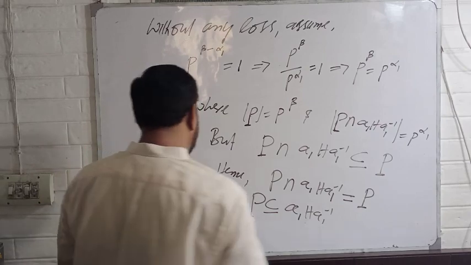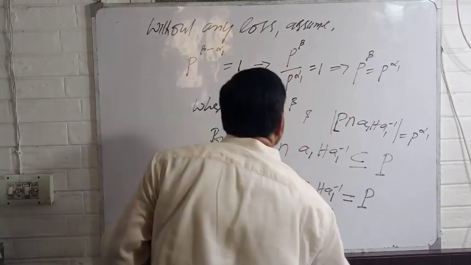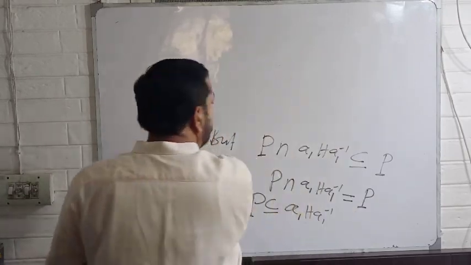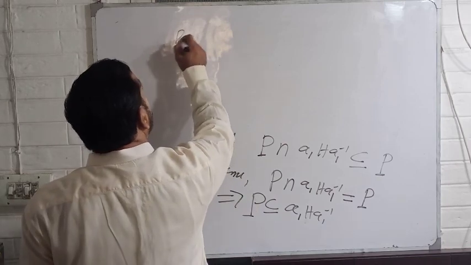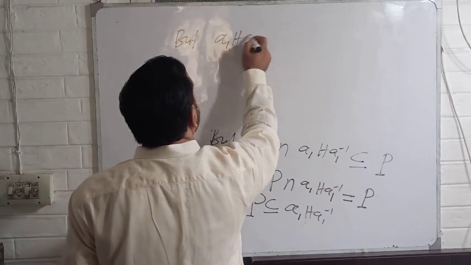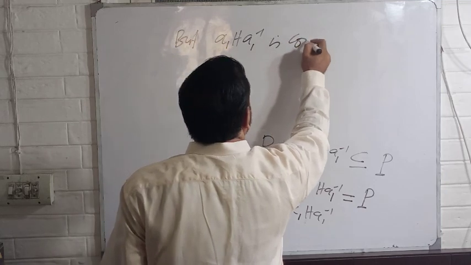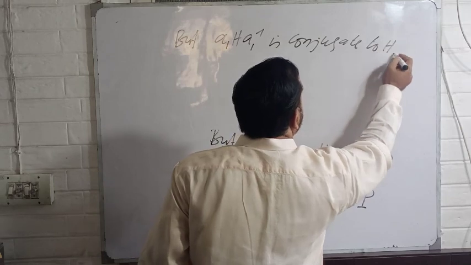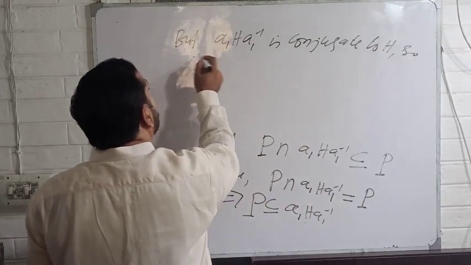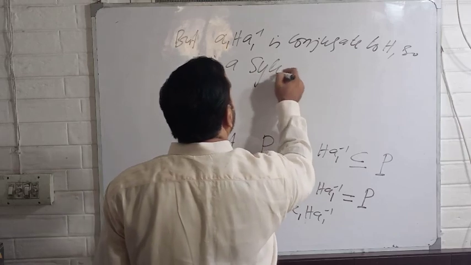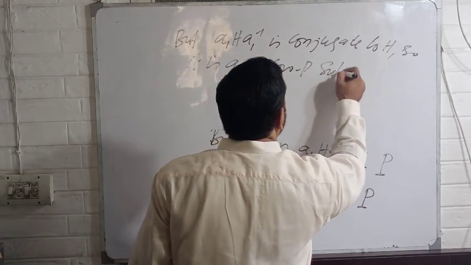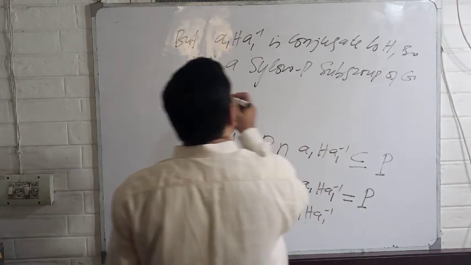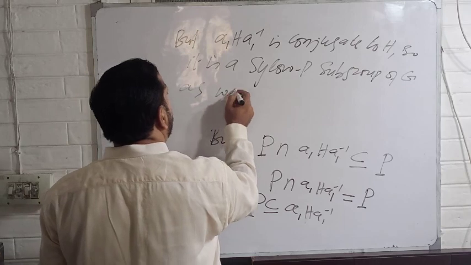But A1 H A1 inverse is conjugate to H, so it is a Sylow-p subgroup of G as well.